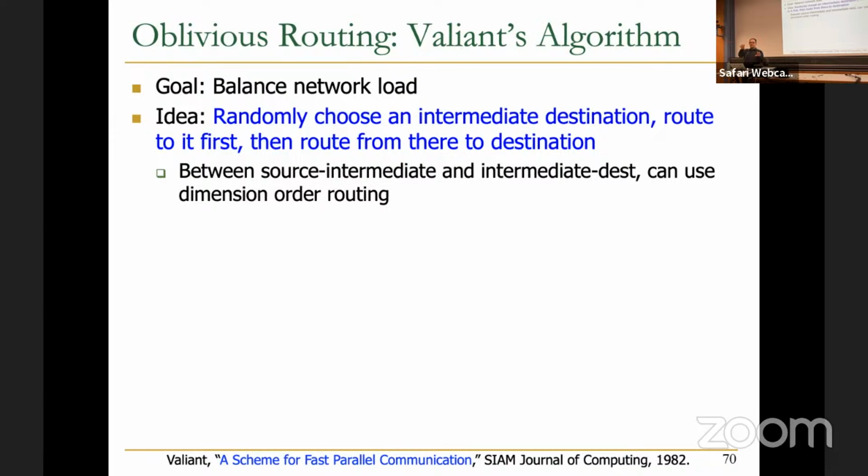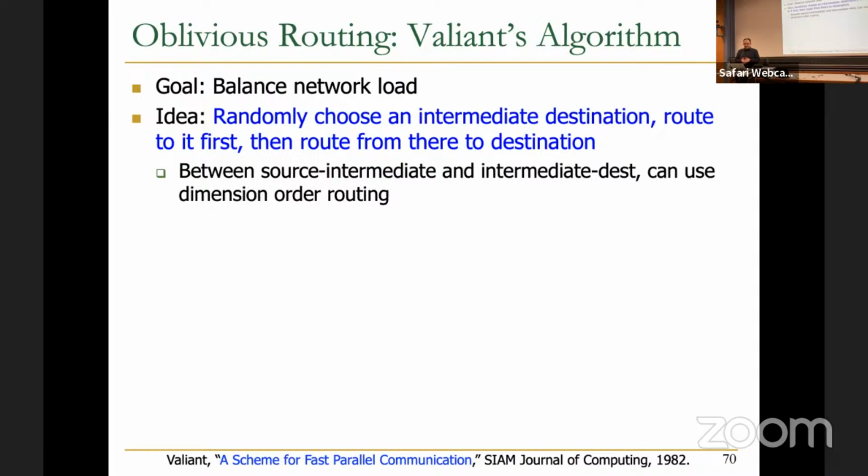You randomly select an intermediate node, and then send your packet to that intermediate node. That intermediate node should eject your data or put it on some buffers that are not in the main network. And then that intermediate node can also send your packet to the destination.